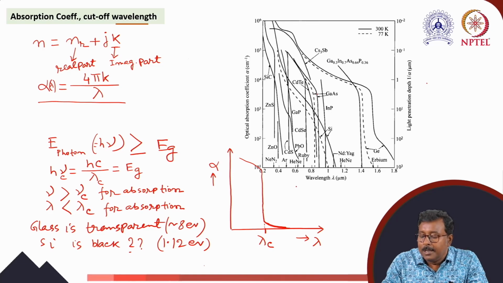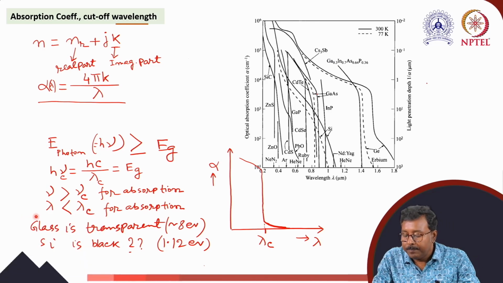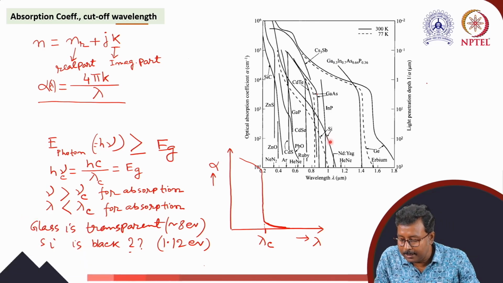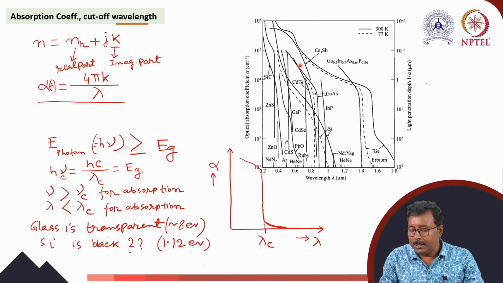You see, this is the nature of alpha for different materials. Say silicon, here it is silicon, this dash line is silicon. You have a sharp decrement at a particular cutoff wavelength.